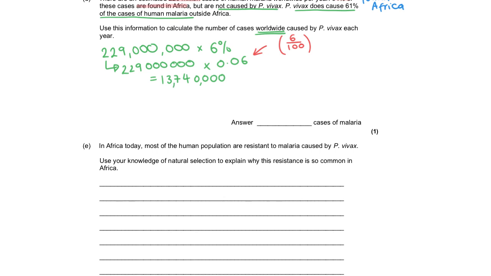And it tells us in the question that P. vivax does cause 61% of the cases of human malaria outside Africa. So now, of these 13,740,000 cases in the world outside of Africa, 61% of those, or 0.61 or 61 over 100, are caused by P. vivax.